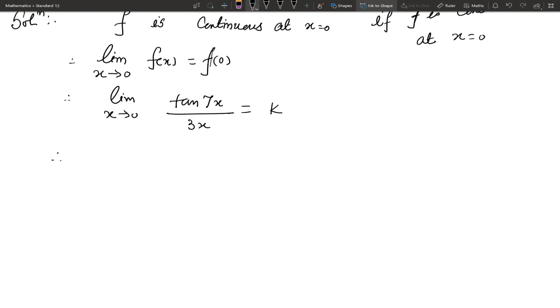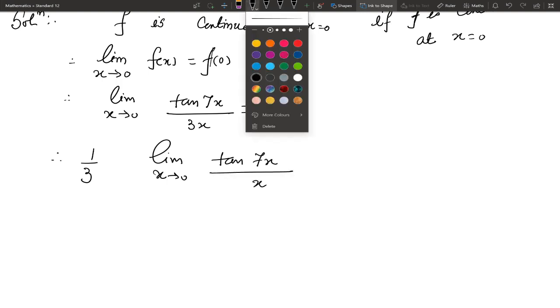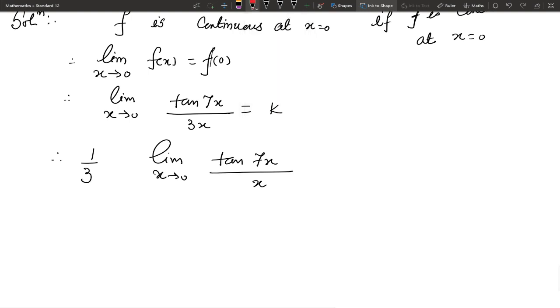So let us evaluate this limit. This is 1 by 3, limit x tends to 0, tan 7x upon x. Now to evaluate this, multiply and divide by 7. As x tends to 0, 7x will also tend to 0, so equal to k.